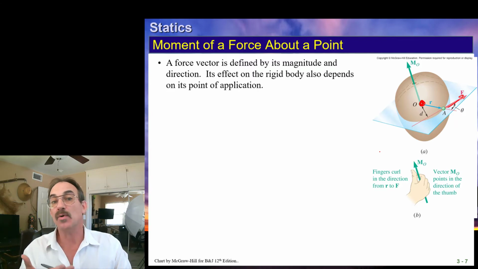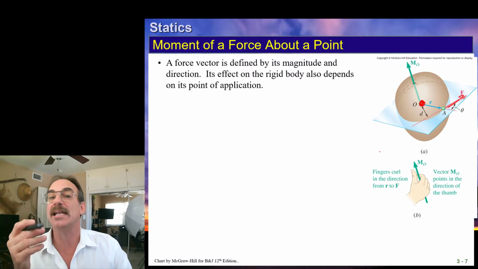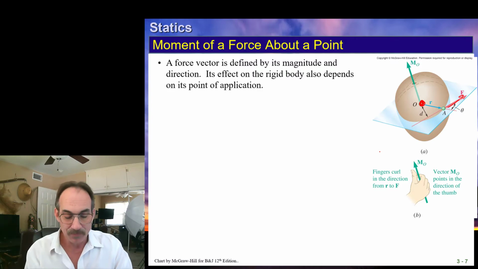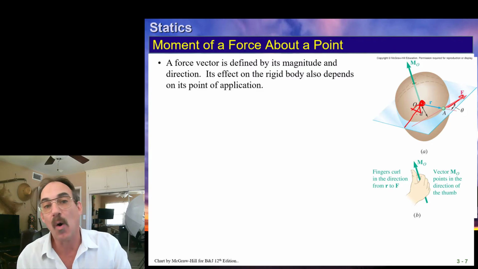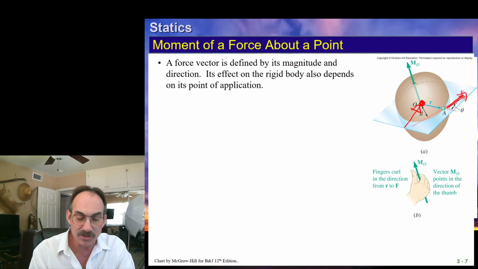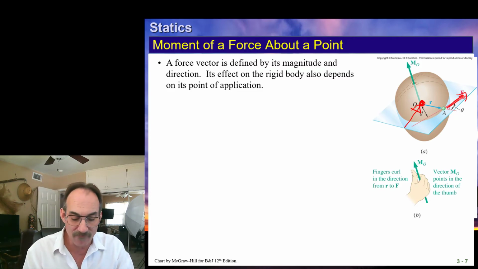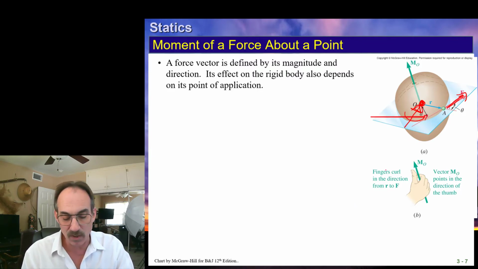To determine whether or not this rotates or just translates, we're going to need to sum up forces and moments. If this force acts through the center of mass, all we will get is a translation. If it is applied anywhere else, we will get a translation and a rotation because we're going to move that force to that point and we're going to end up getting an equivalent moment.